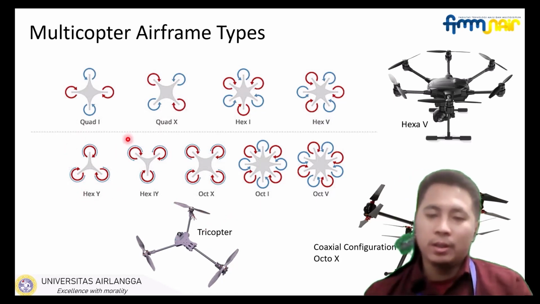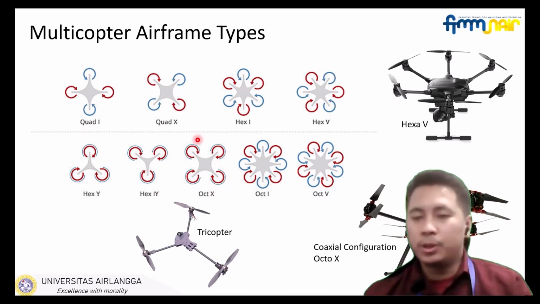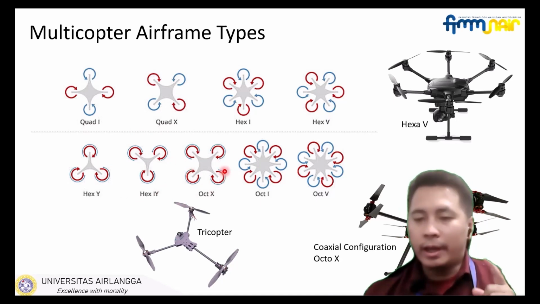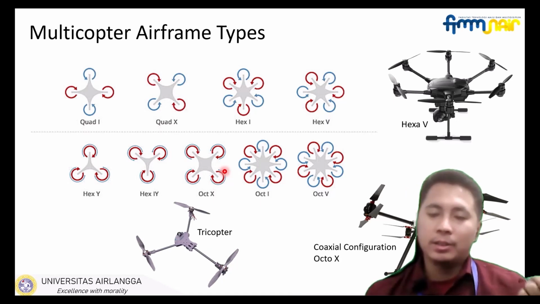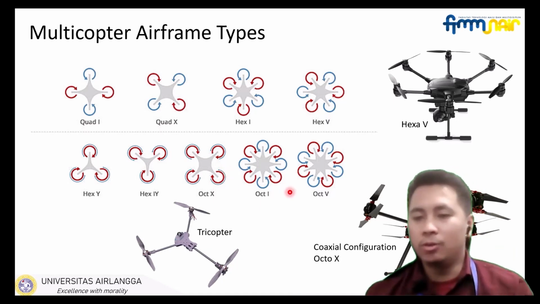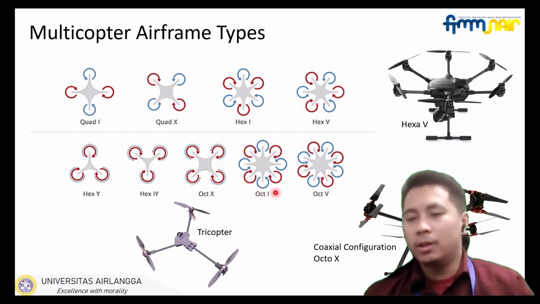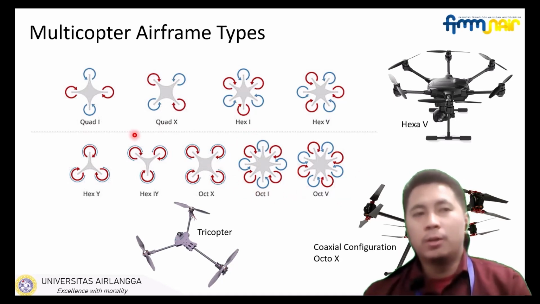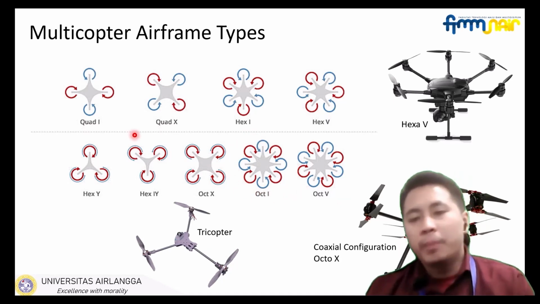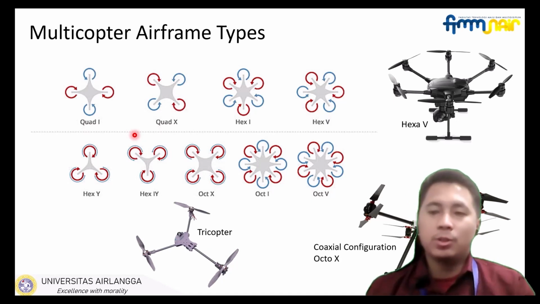Hexa Y, hexa IY, and an octocopter using X configuration, but with 8 motors, and also an octocopter with this kind of configuration. There are many configurations because it depends on the project or the application of the drone.